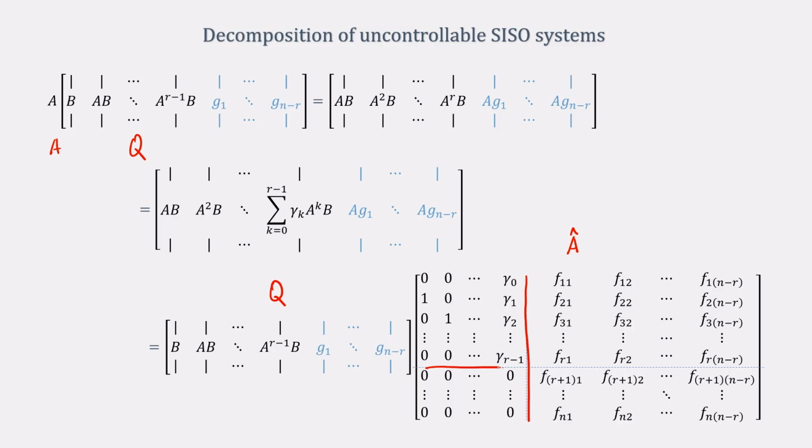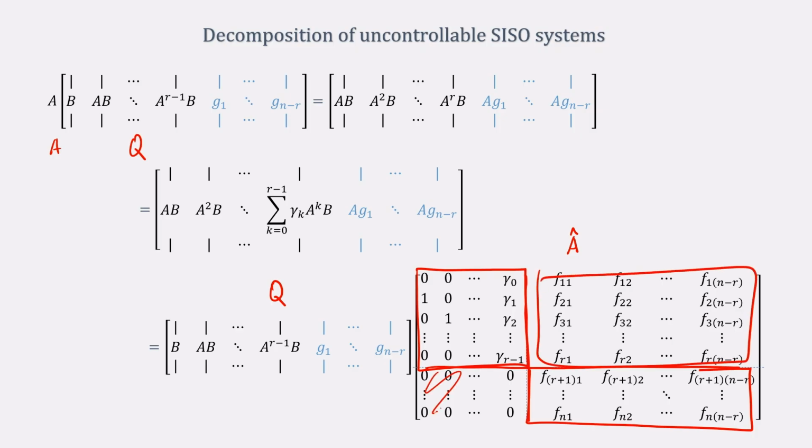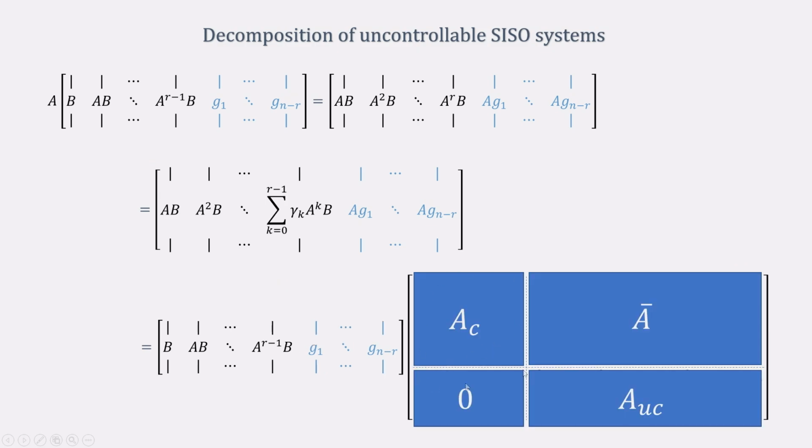You can see that I can draw a line here, and this part is a block matrix, this is another block of matrix, and this is another block of matrix here, and there will be a 0 sitting over here. This is basically what we will call a block upper triangular matrix, and we call this part here AC, this part AUC, and this we are calling A bar, and this was a 0 matrix anyway.